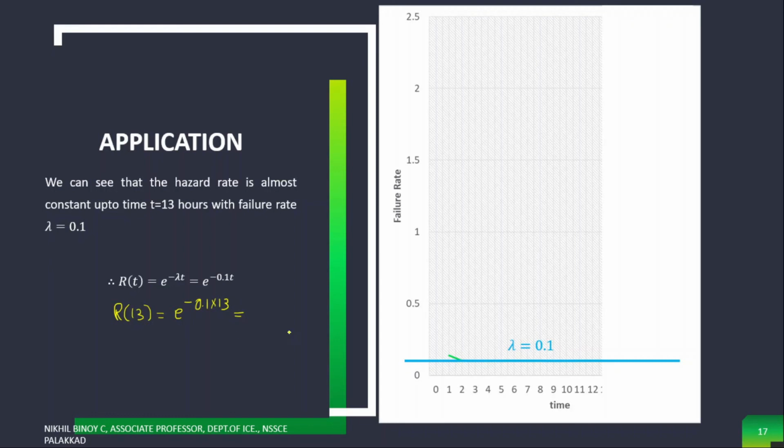It is 0.2725. R of 30 by using this constant hazard model is 0.2725.